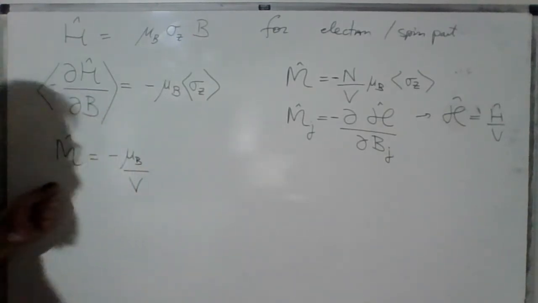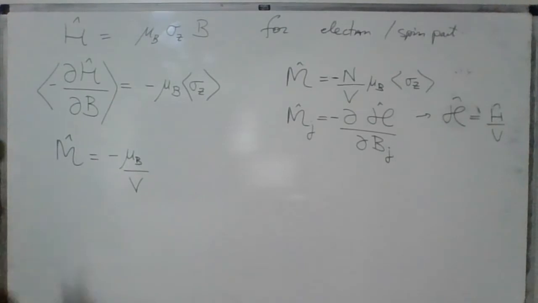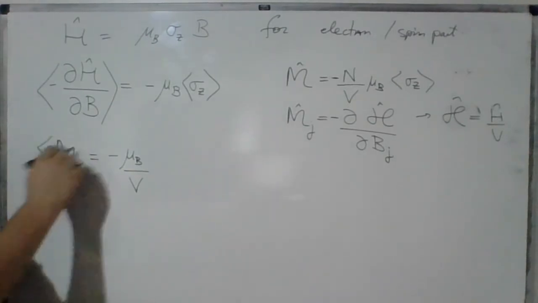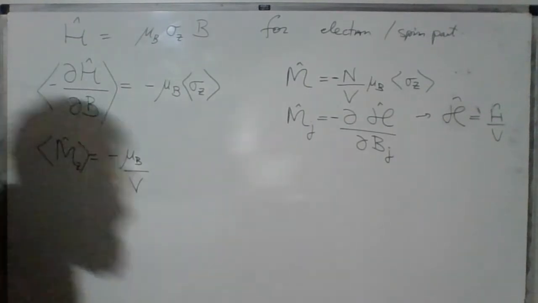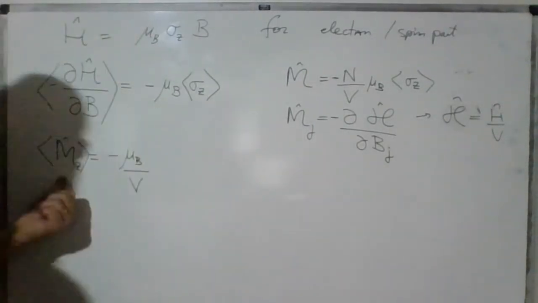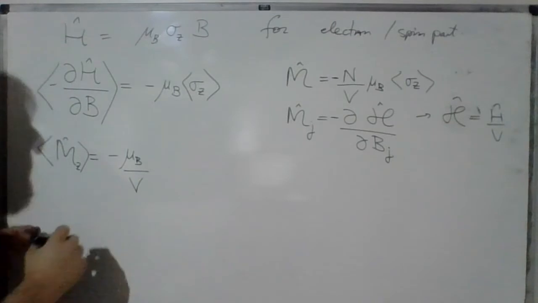You are trying to calculate the magnetization in the average. In the average, the z component, because the magnetic field is applied in the z direction, this is the magnetization of your sample.